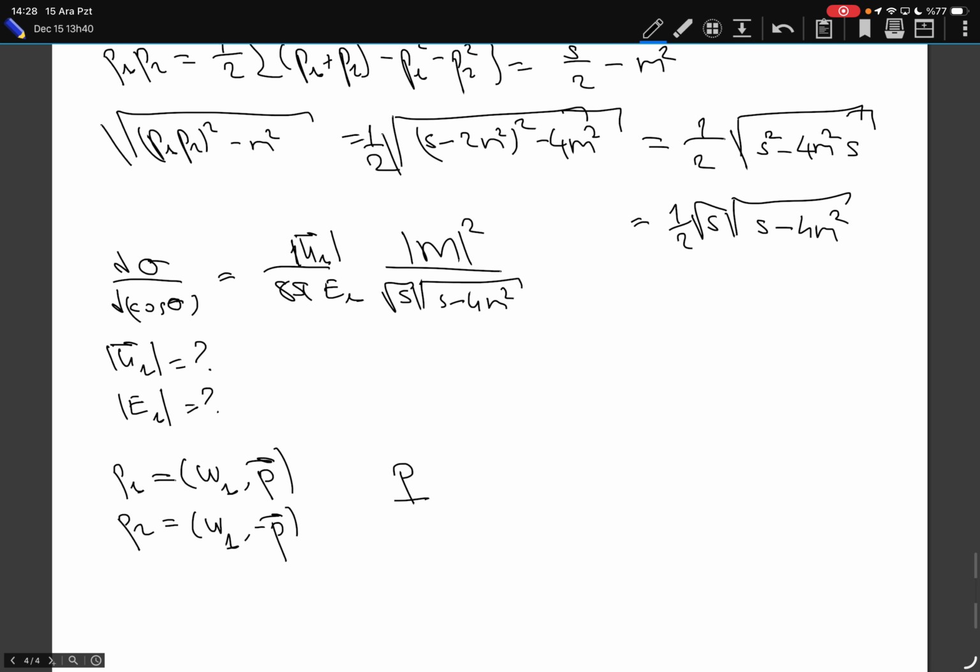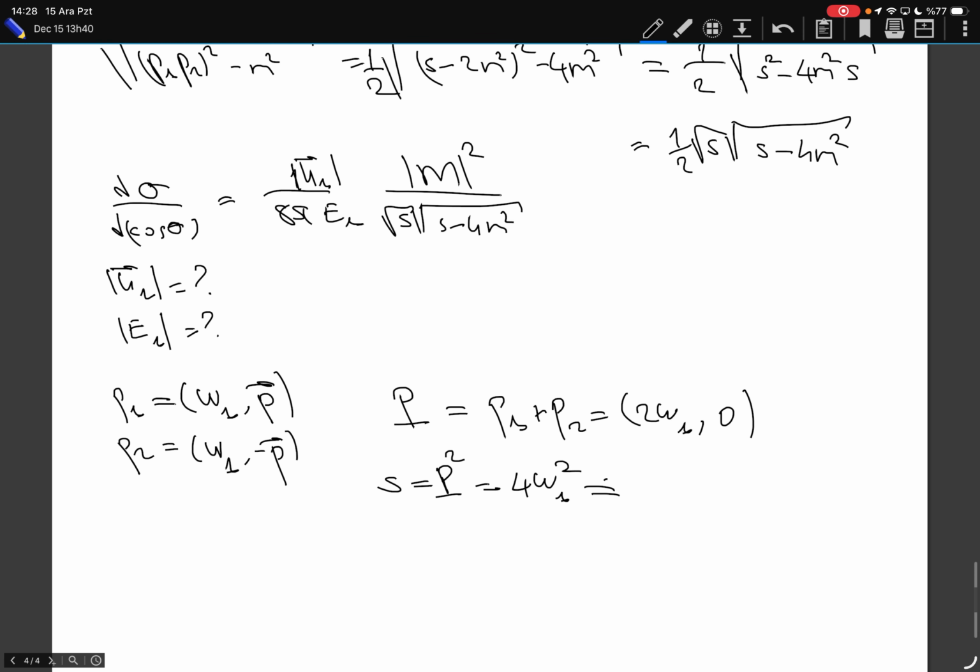Let me define the capital P to be P1 + P2. This is (2ω1, 0). Remember, s is capital P squared, so this is 4ω1². And keep in mind that ω1 is the square root of p² + m². So ω1 is definitely larger than or equal to m. So s is larger than or equal to 4m².